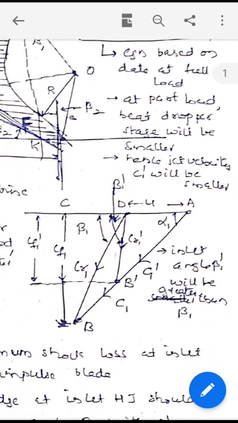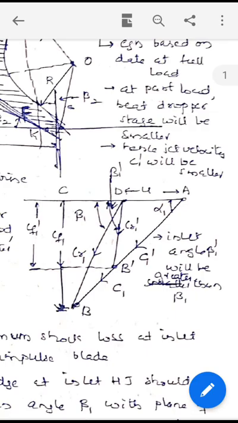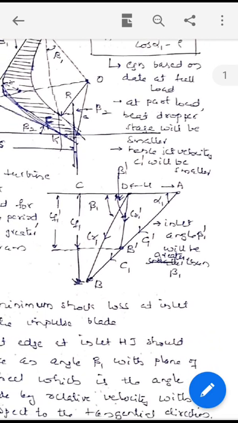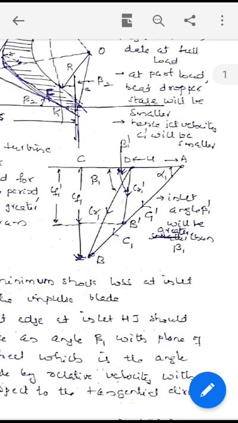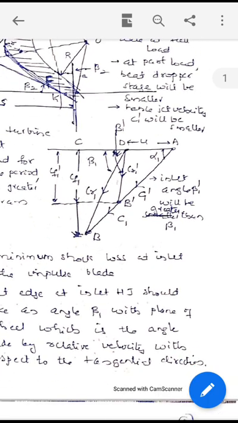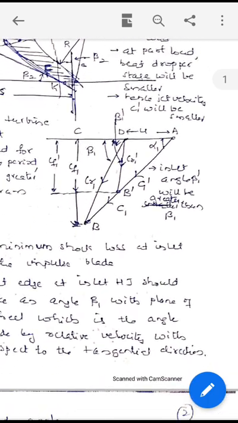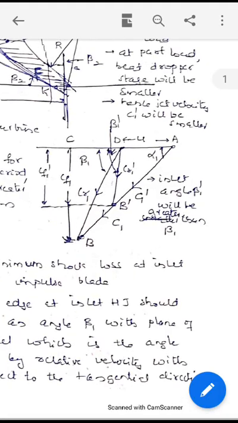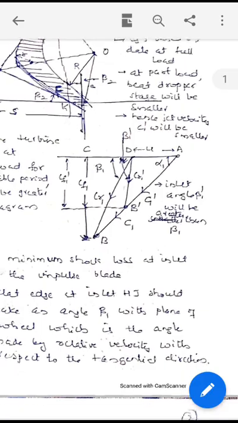So you can see from the figure that the inlet blade angle will be beta 1 dash at part load, which will be more than beta 1, the blade angle considering full load. Therefore, when the turbine operates at part load for a considerable period of time, the inlet blade angle should be taken more than that obtained from the velocity diagram.